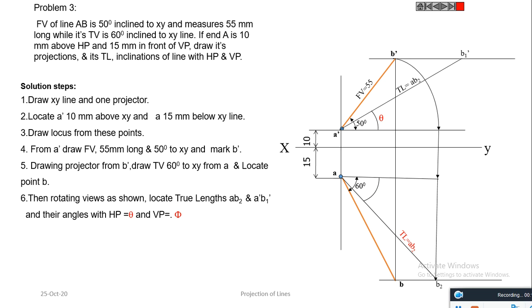This true length is taken on a compass and marked here to get B1 dash also. So A dash B1 dash makes the inclination theta with HP, and this is the inclination of the line with VP. So theta and phi are also marked.